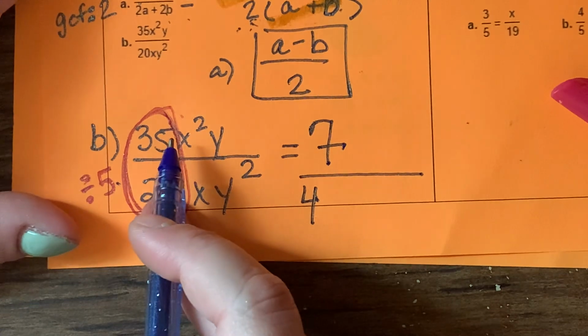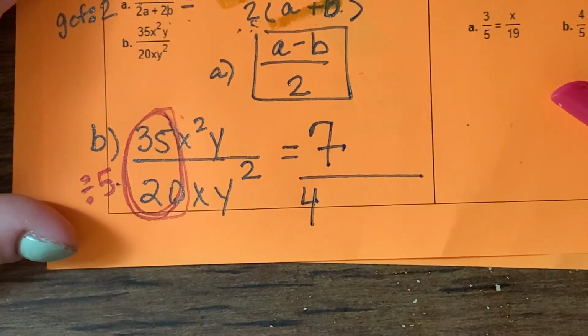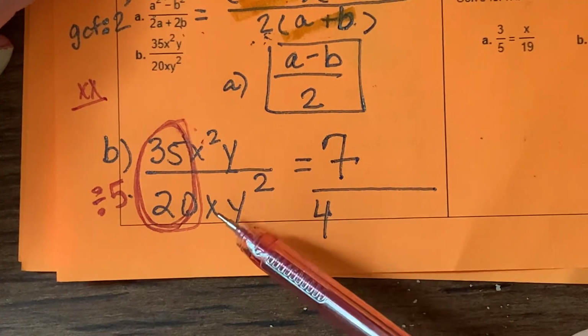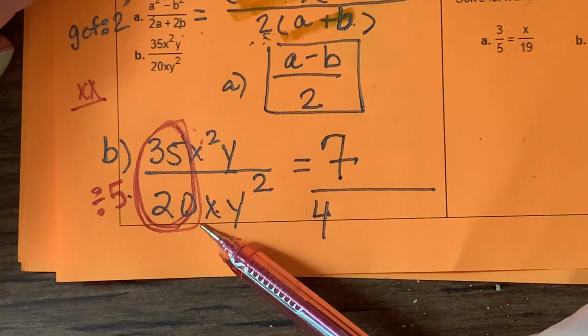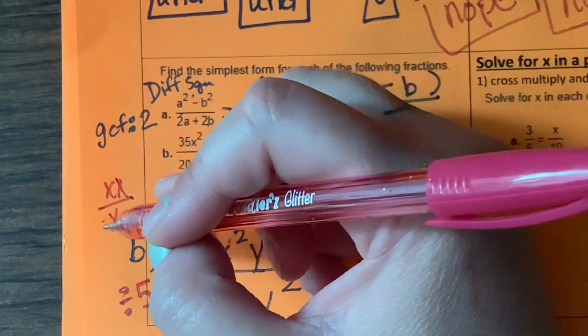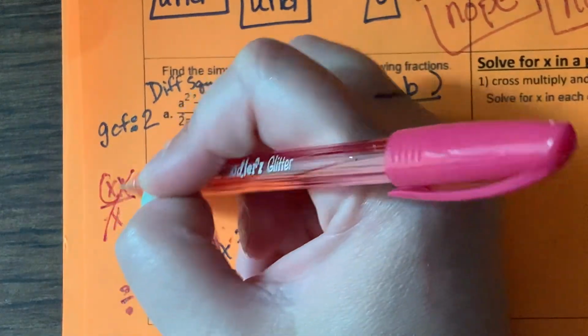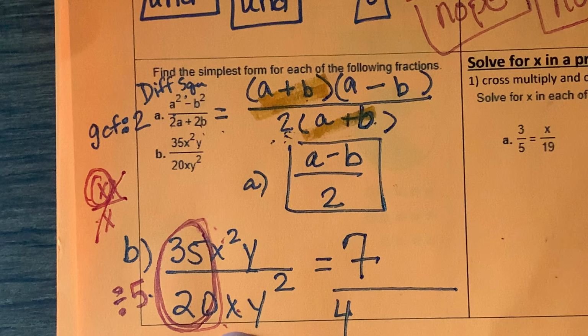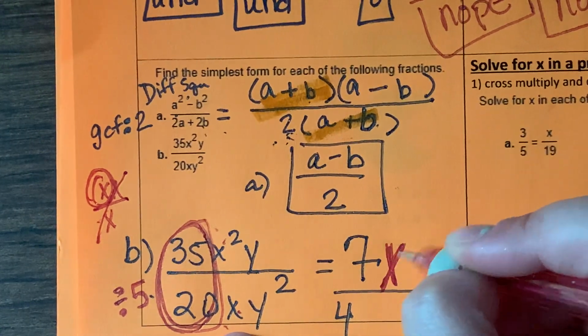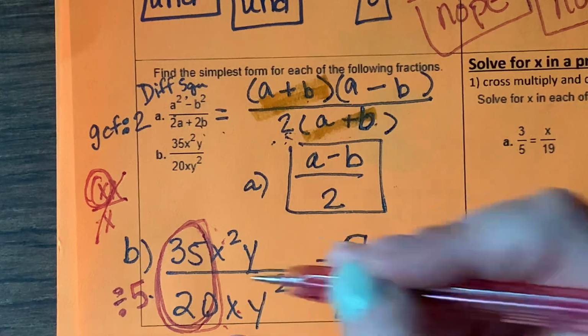Now let's look at the letters. This x squared on top means there's 2 x's on top. And how many x's are on bottom? Just 1, because it just says x. Okay, well, let's see. If I cancel out a pair of x's, how many do we have left on top? Just 1. So we put 1 x on top. Okay, now let's look at the y situation.